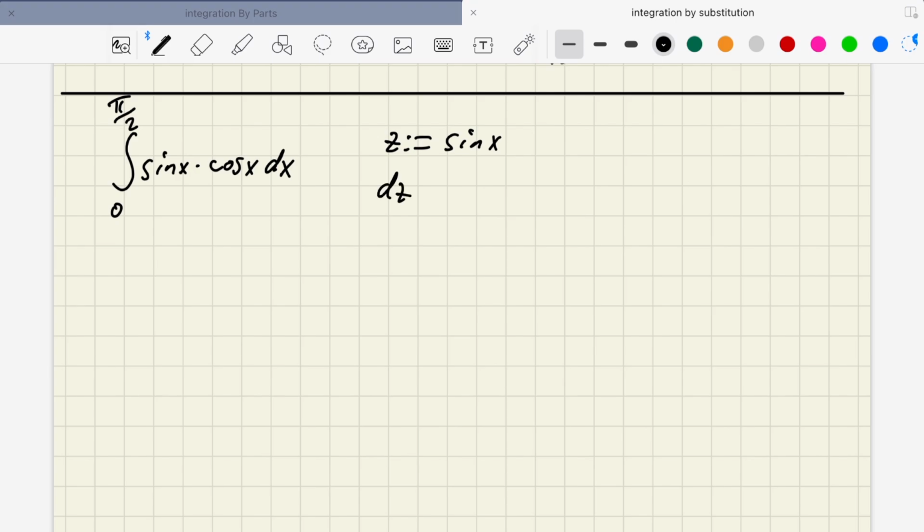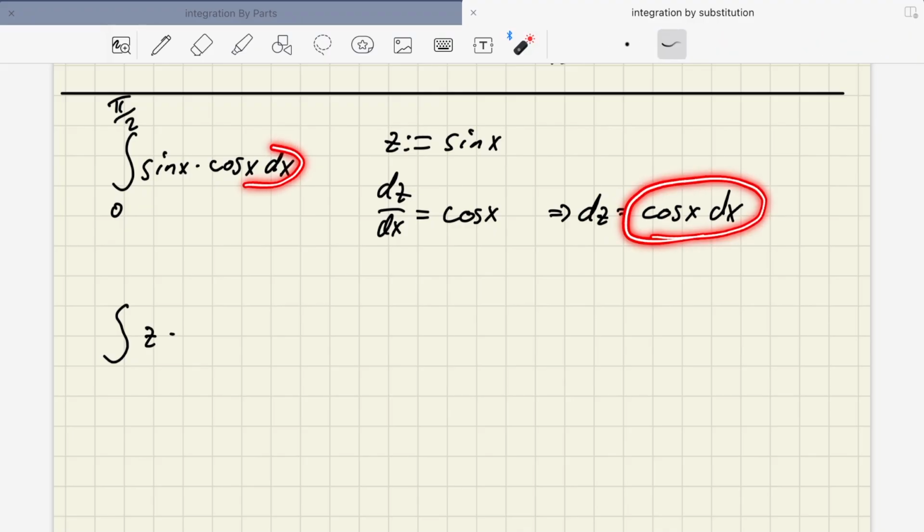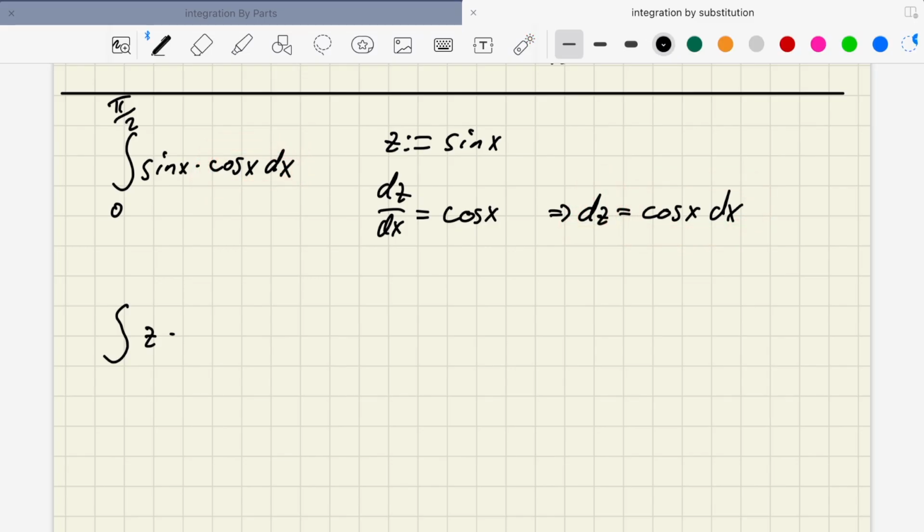The derivative of sine x is cosine x, so dz is equal to cosine x dx. So put that in. Substituted sine x with z. Cosine x dx is equal to dz. Okay, it's our substitution.